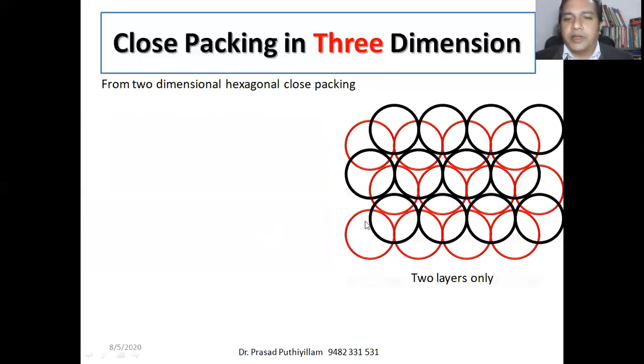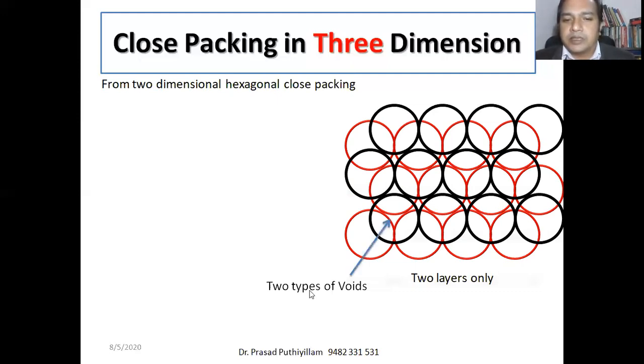Okay, what we did, we took a first layer, and the second layer is arranged exactly above the voids. There was a void formed. Okay, it is arranged exactly above that, and it is again arranged in such a way that it becomes a close packing. So two layers are considered, and there will be two types of voids present from the two layers arrangement of atoms from hexagonal close packing.